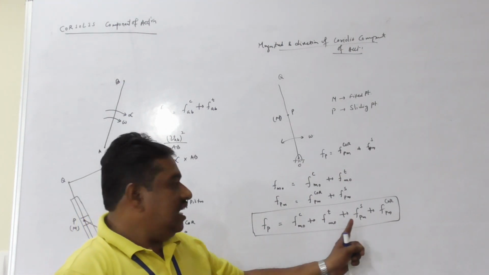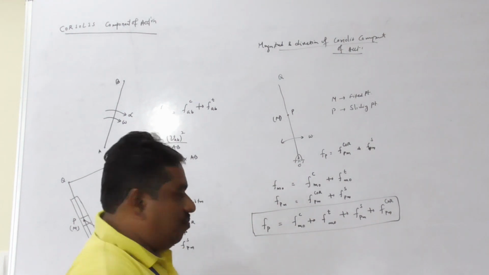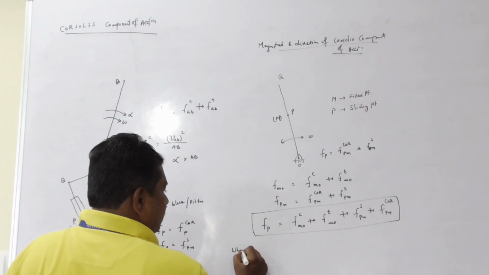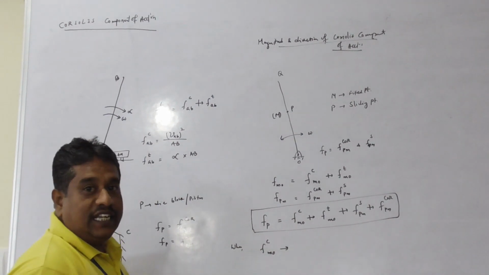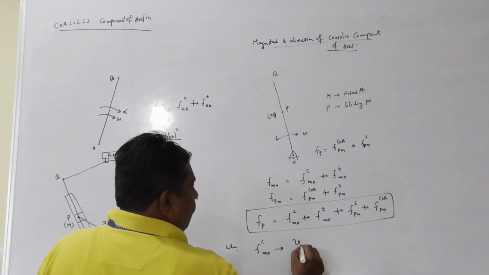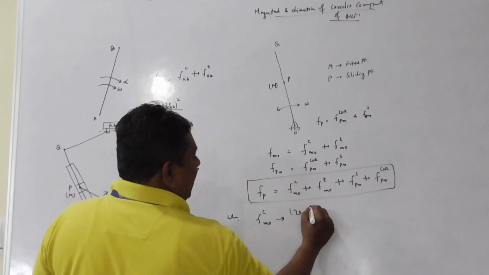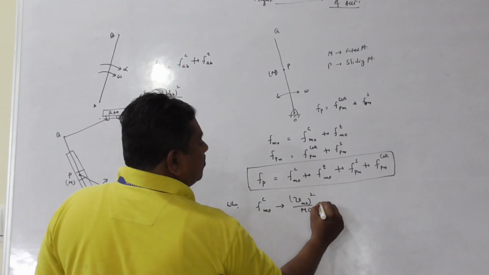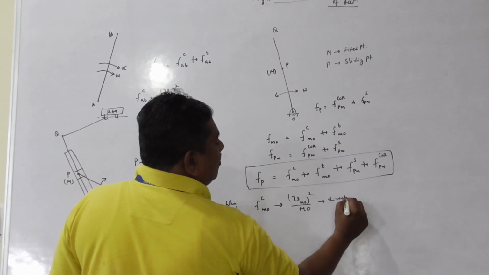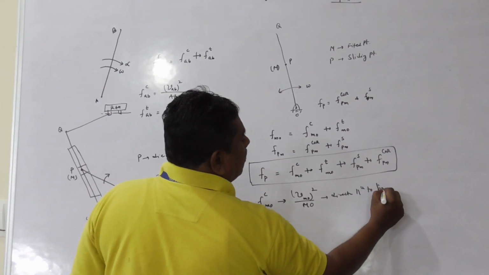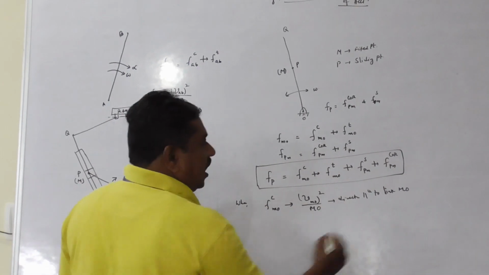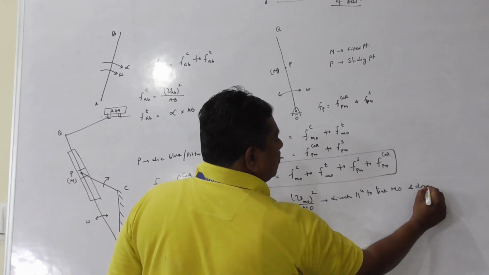The total acceleration of a moving point on an oscillating link will be the vector summation of the centripetal, tangential, sliding and Coriolis components, where the centripetal component of M relative to O is V MO squared by MO, direction parallel to link MO and downwards.